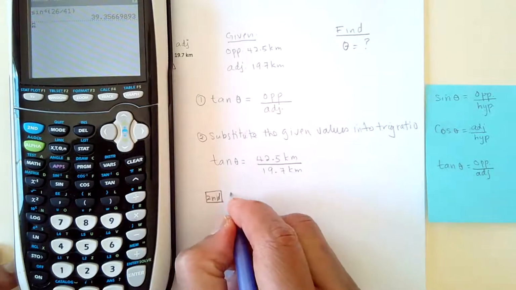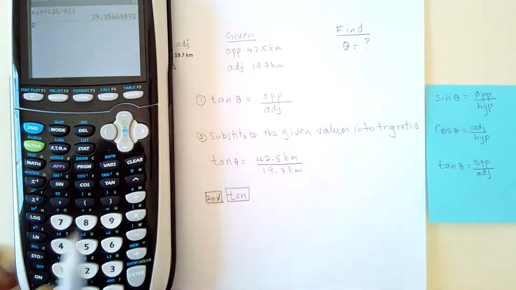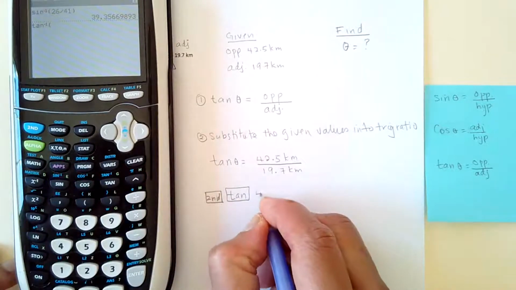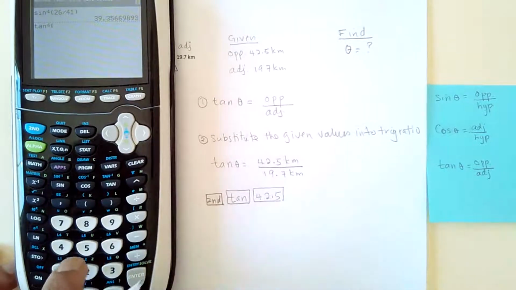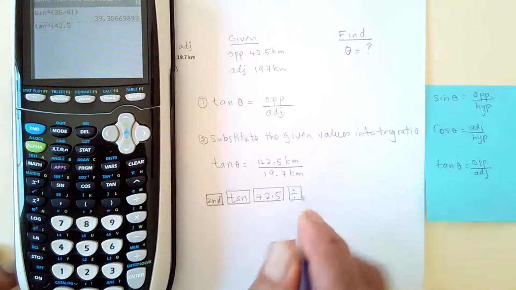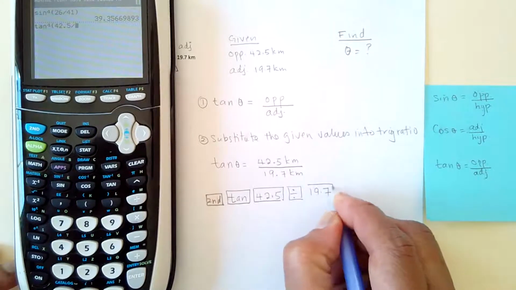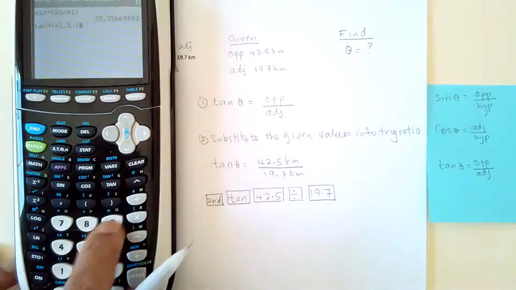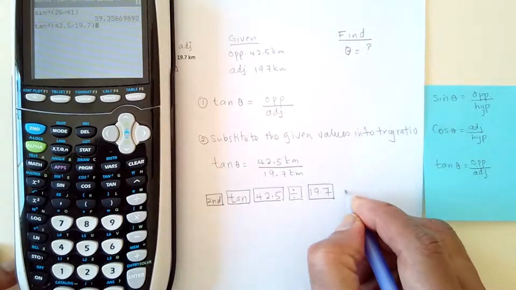Then I'll press, in this case, tan. That's my tan. Then 42.5 divided by 19.7. Close bracket and enter.